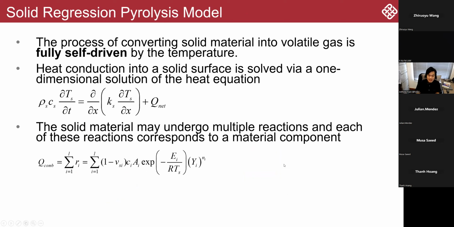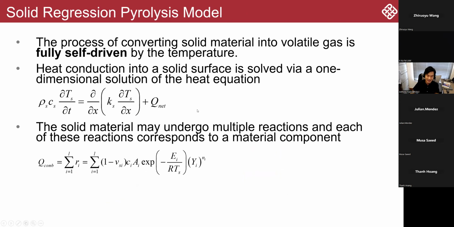So the pyrolysis model is very simple. We have the heat exerted onto the surface of a 1D conduction equation. This is your typical CFD framework where you have your time-dependent term, your advection term, and so forth.